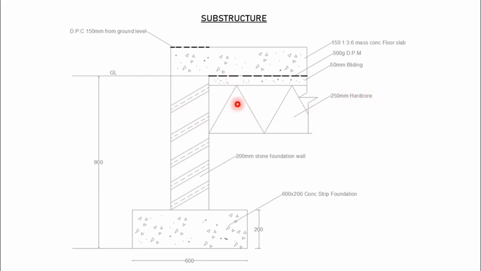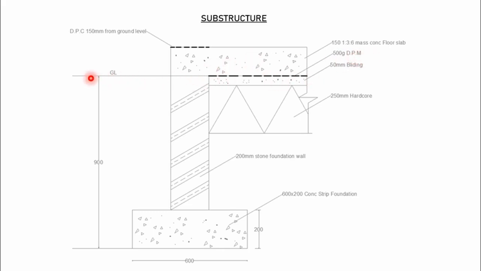Then we have 250 hardcore. How did we get into that? After reaching this 900 level, we did our floor, which is a 150 mass concrete floor. And then we also placed 500 gauge DPM right there.